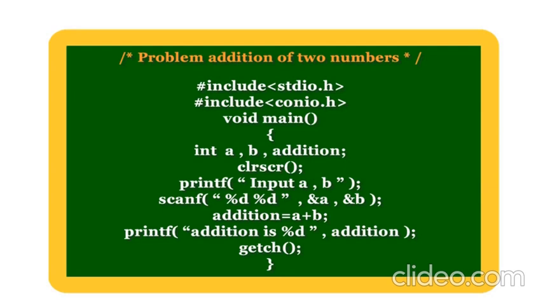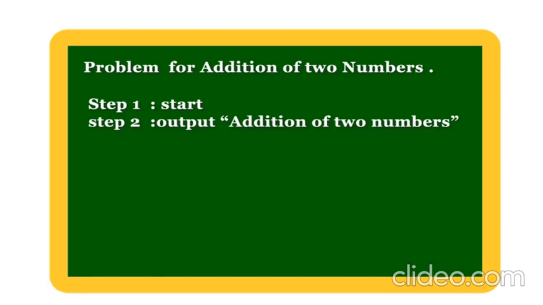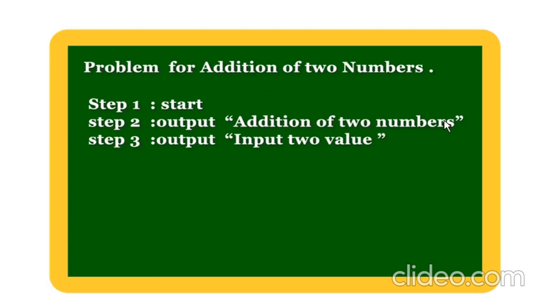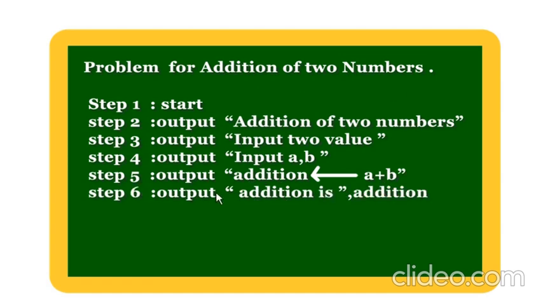So let's see the step-by-step algorithm of this problem. At the first line it starts from the main function. At the next line, in output, it shows addition of two numbers. Input two values, input a and b, and in the next line it shows addition of a plus b, and at the sixth line it shows addition is equal to that, and at the last it stops.